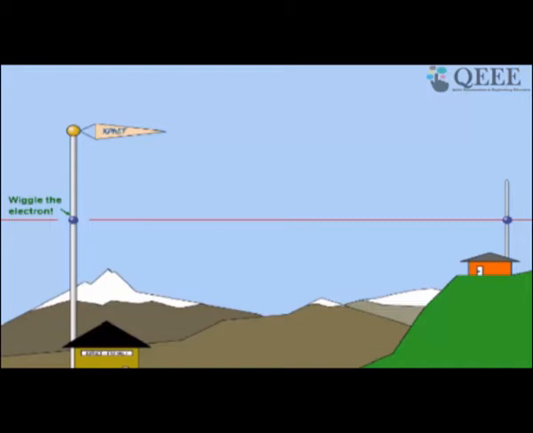On the left side you see a flag. That's not a simple flag, it is allowing electrons to move, and on the right side there is a house on which there is an antenna kept. It also has an electron, and this right side electron will start wiggling whenever it receives an electromagnetic wave.